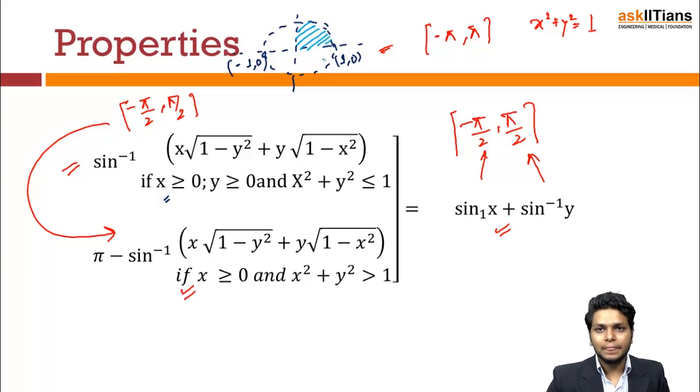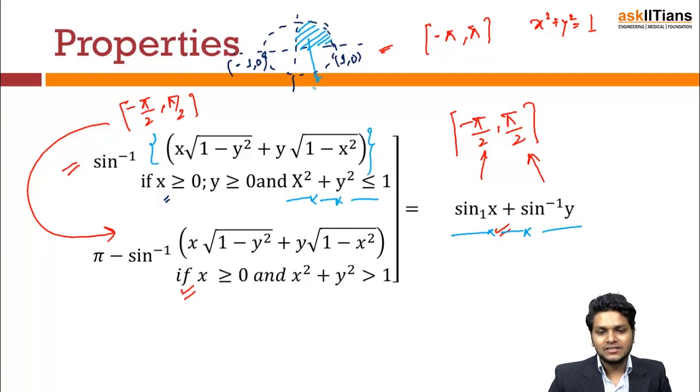So whenever x and y are in the range from 0 to pi by 2, I can say that sine inverse x plus sine inverse y is going to be sine inverse of x root over 1 minus y square plus y times root over 1 minus x square, the whole bracket.